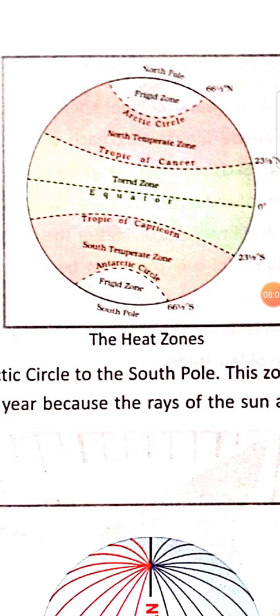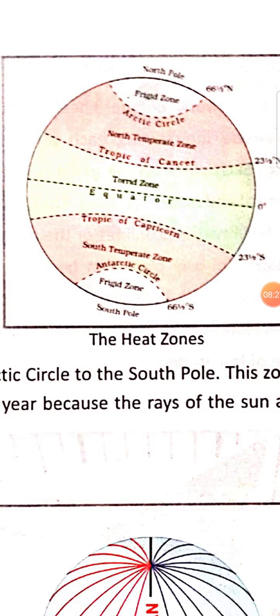See this picture. In this zone, the rays of the sun are exactly overhead once a year, except on the equator, where the midday sun is overhead twice a year. Hence it receives maximum heat from the sun and is very hot.